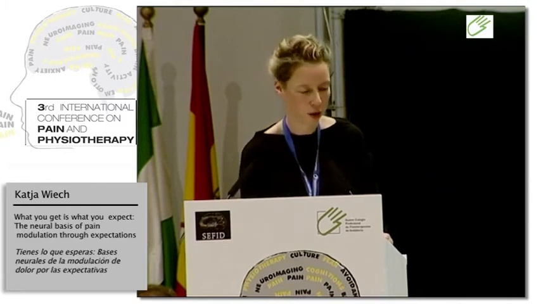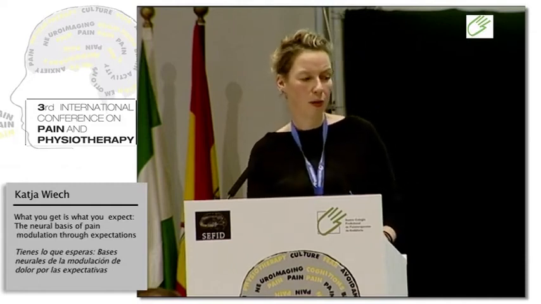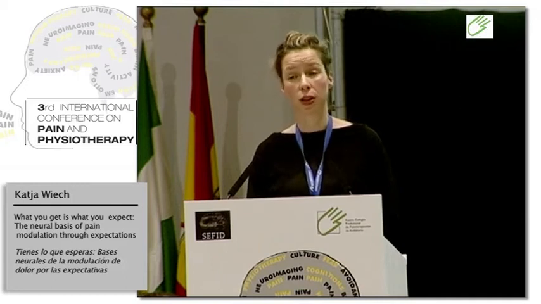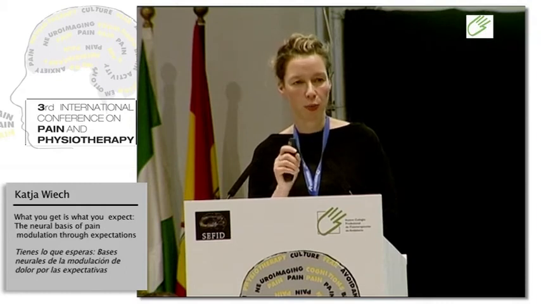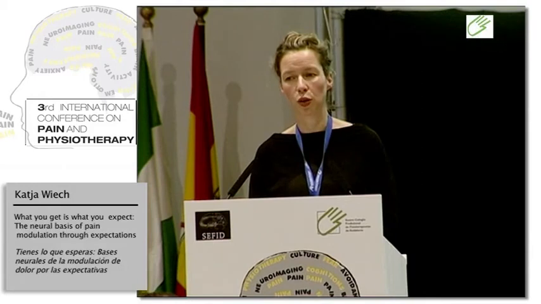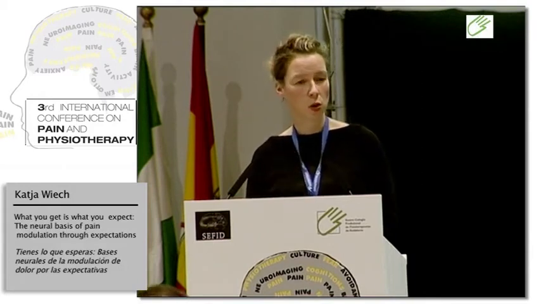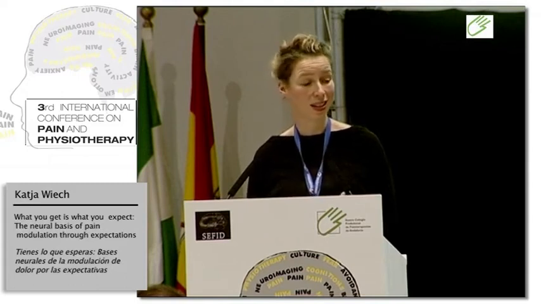Why are they so different? Well, the classical view is that when we have an influence of expectations, the sensory processing changes. So we're always looking at areas that process hardcore nociceptive information. We would look at the thalamus where information comes in. We would look at S1, the region that is involved in the localization and the determination of the quality and the intensity.